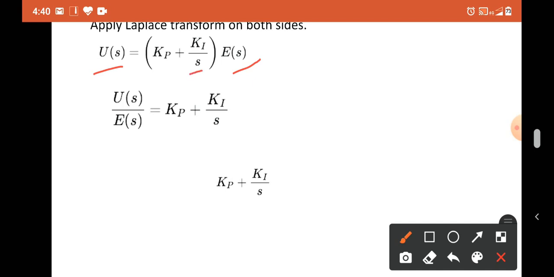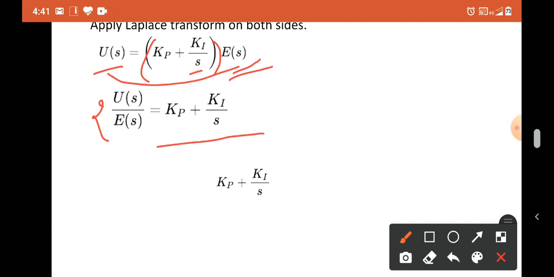So you get u of s equals kp plus ki by s, where e of s is taken common. If you take e of s to the left-hand side, it goes into the denominator, and you get u of s divided by e of s, which equals kp plus ki by s.